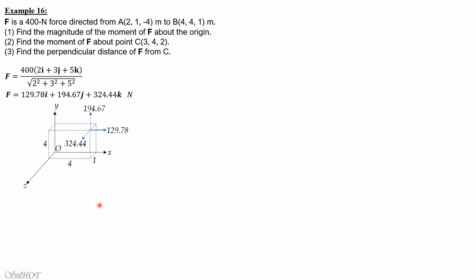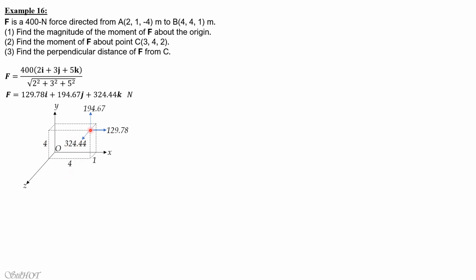So first, the moment about the origin. Let's solve for the components, starting with MOX, applying the right thumb rule. The X component is ignored because it is parallel to X. The 324.44 would be positive. Use your right thumb, so the curling of your four fingers is the same sense as 324 times 4.